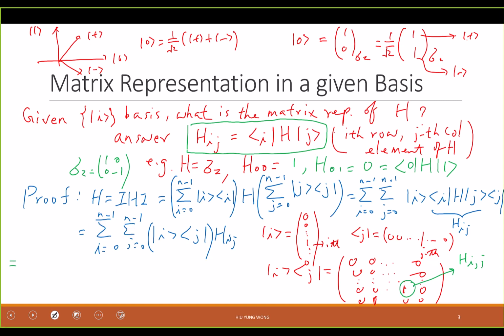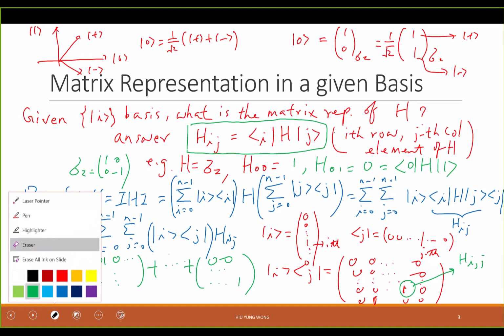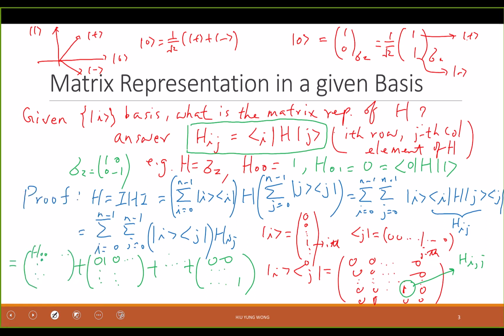Basically, this is saying that I am adding 1, 0, 0, plus 0, 1, 0, 0, plus whatever, eventually 0, 0, 1, times H. Let me finish this, I did not write it well.